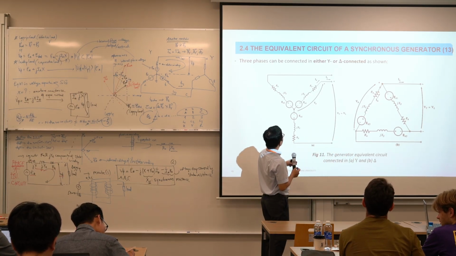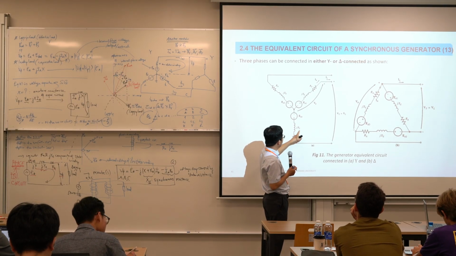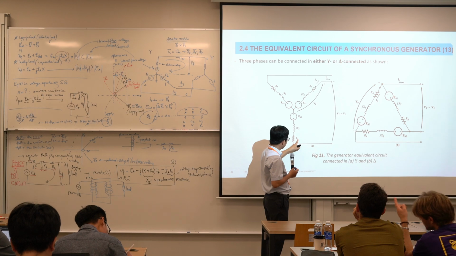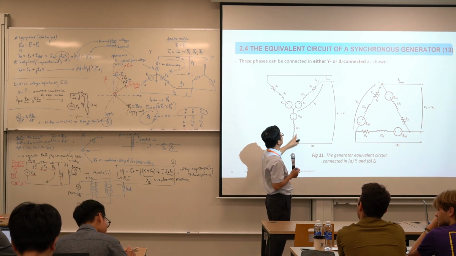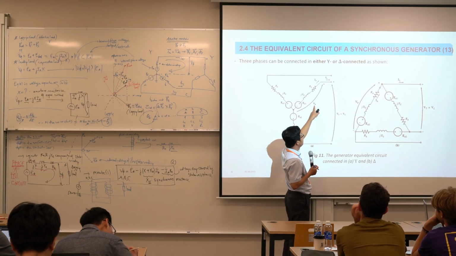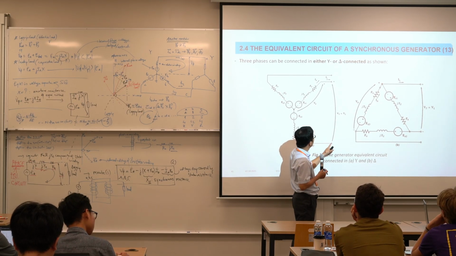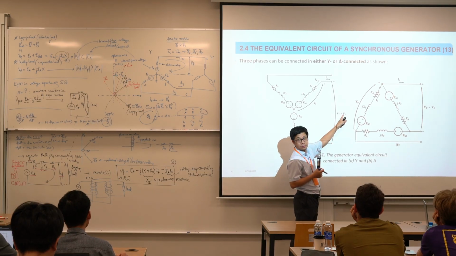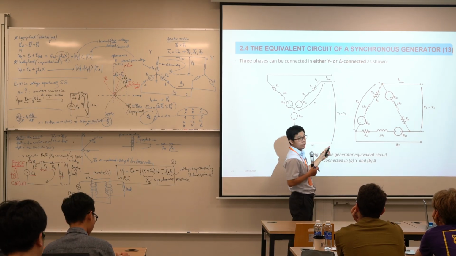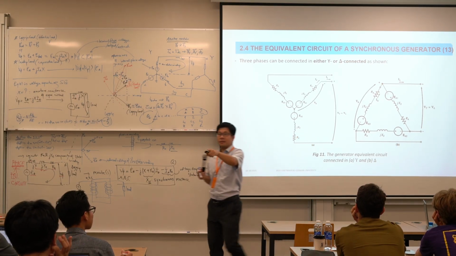But you need to recognize some parameters. This is the internal phase voltage. This is the synchronous reactance. Stator resistance. Terminal phase voltage. Terminal line voltage, because line voltage is the potential between one line and another line. We mentioned it before, remember the first class?